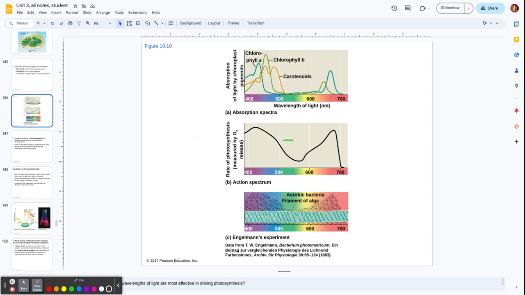So, this is my photosynthetic algae. But then I also, in this medium, Engelmann took, this is in the water, he took a bunch of bacteria that are aerobic bacteria. So to live, they're performing cell respiration.